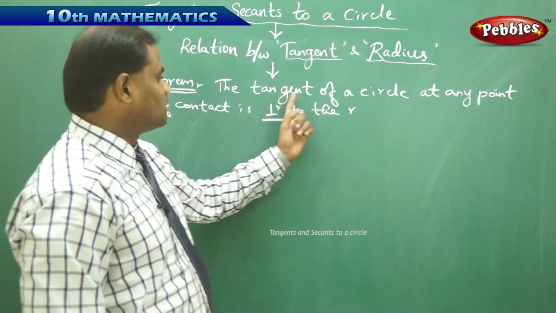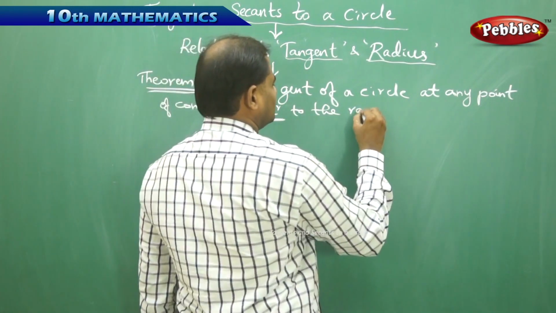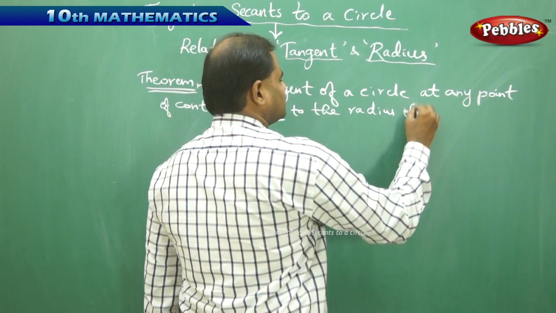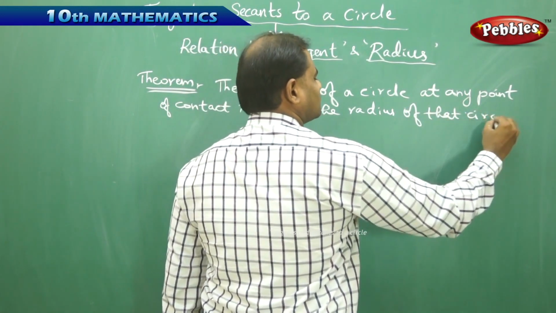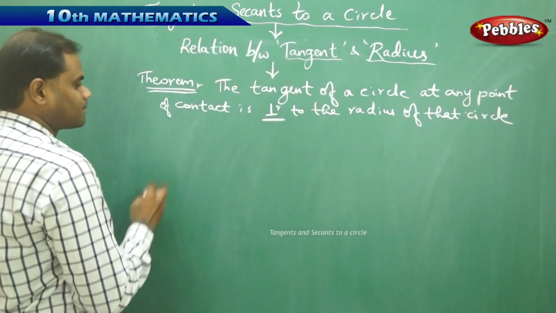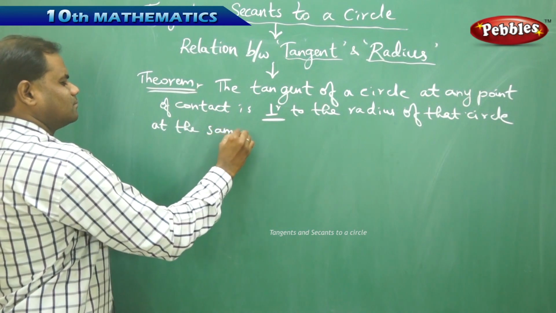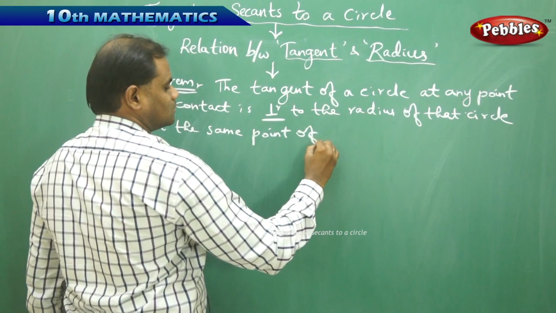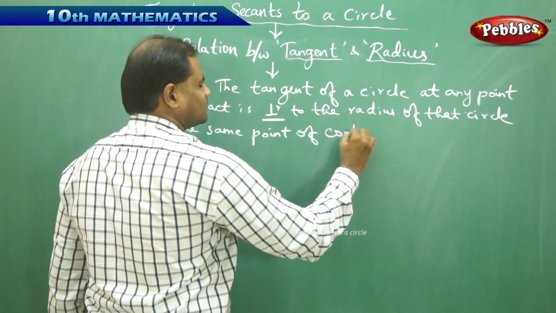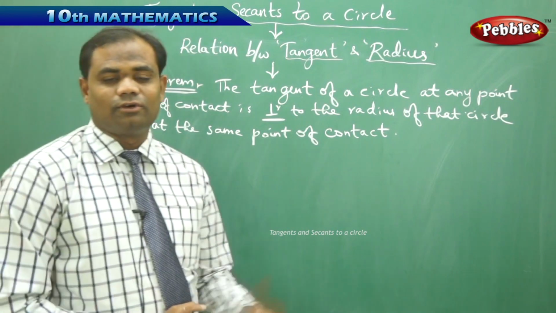So the statement to be completed is: the tangent of a circle at any point of contact is perpendicular to the radius of that circle at the same point of contact. This is how we understand the statement of the theorem.